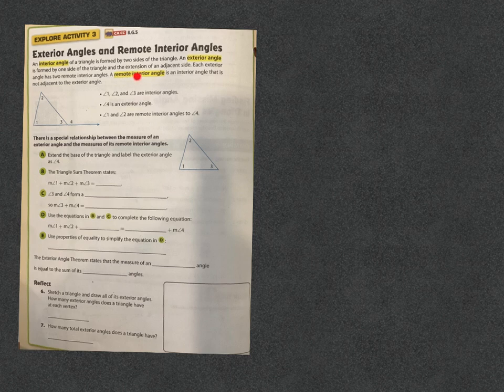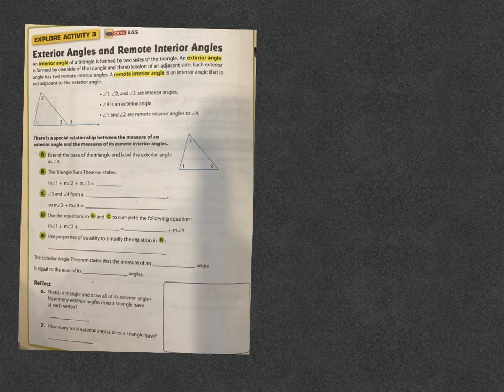And then remote interior angles, these are the angles that are inside, interior, of the triangle, but they're not adjacent or right next to the exterior angle. So here's my exterior angle. I have angles 1, 2, and 3 interior. The ones that are not right next to angle 4, angle 3 is next door to angle 4. The ones that are not are 1 and 2.